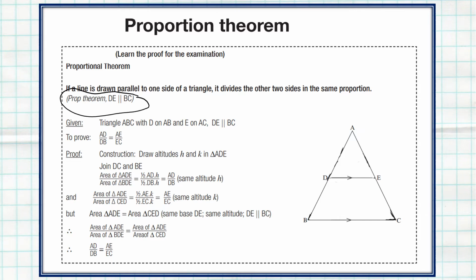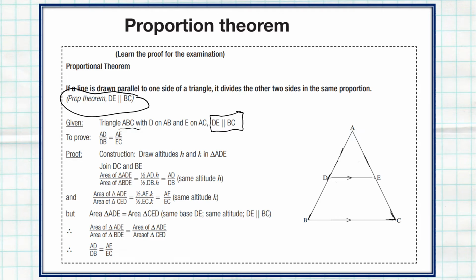So the given statement here is that on triangle ABC, with D on AB and E on AC, we are given that DE is parallel to BC, and we can see it from the triangle there. We are given that DE is parallel to BC because the statement says if a line is drawn parallel to one side of a triangle. So that's a given statement: DE is parallel to BC.